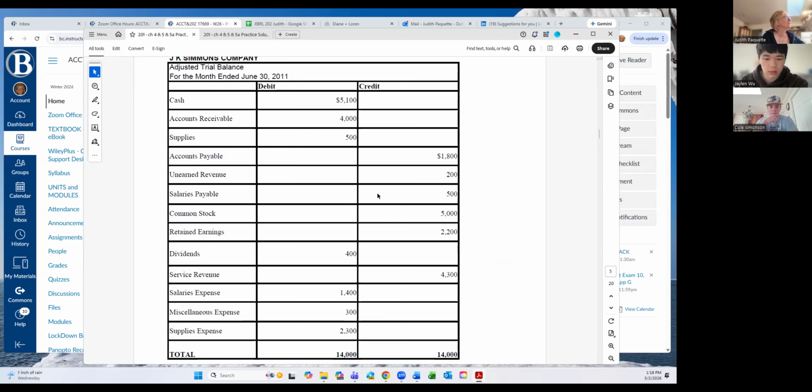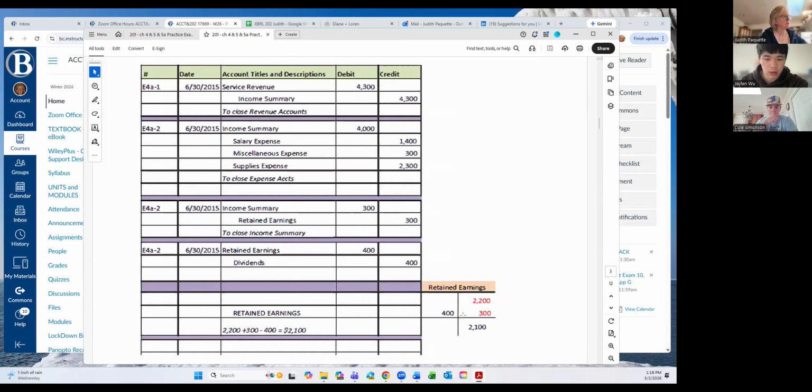So then we come over here for the closing. We always close revenue first, then expenses. And then what I like to do is set up retained earnings. Make sure you put in the beginning balance. So here's the beginning balance of retained earnings. Let's see if I can do this.